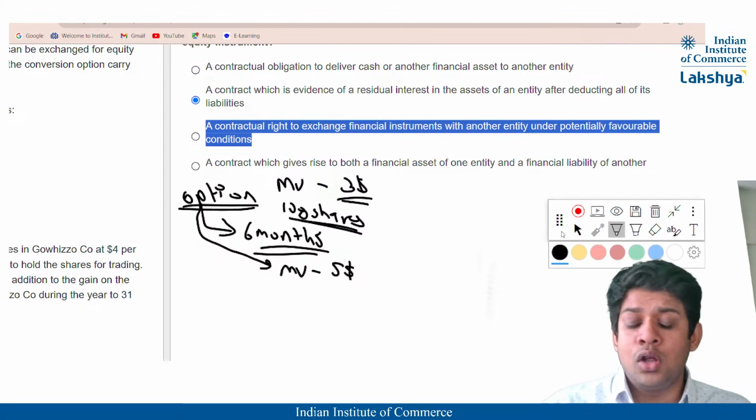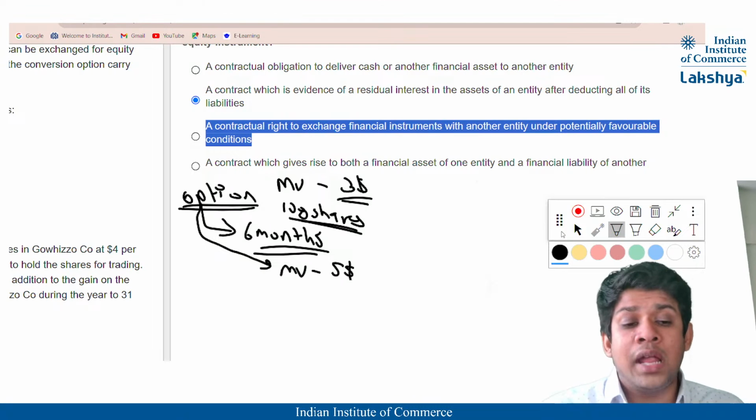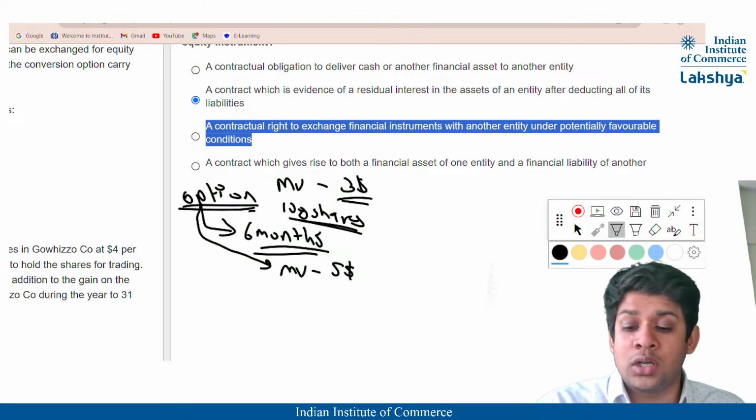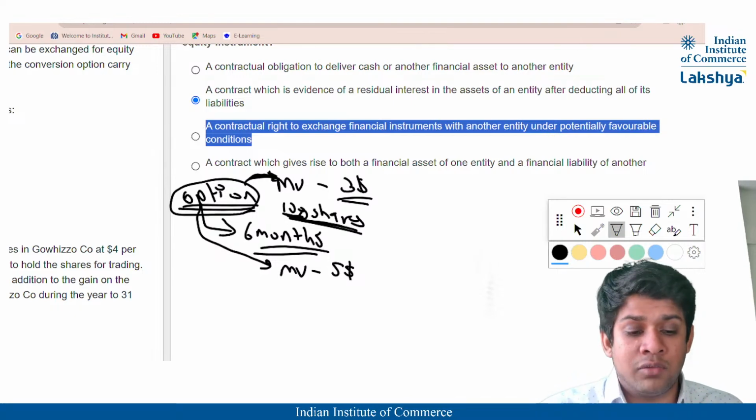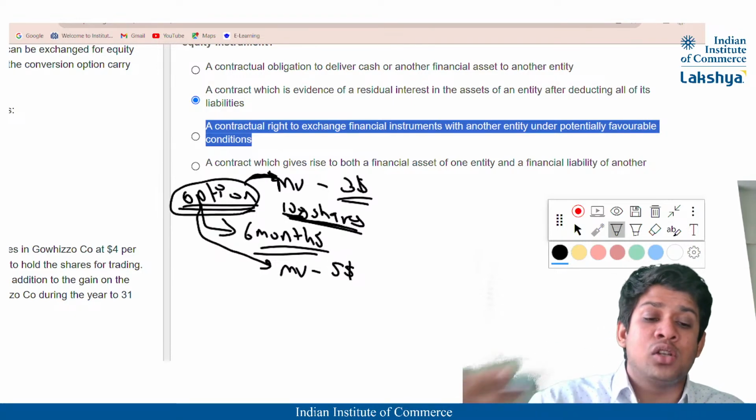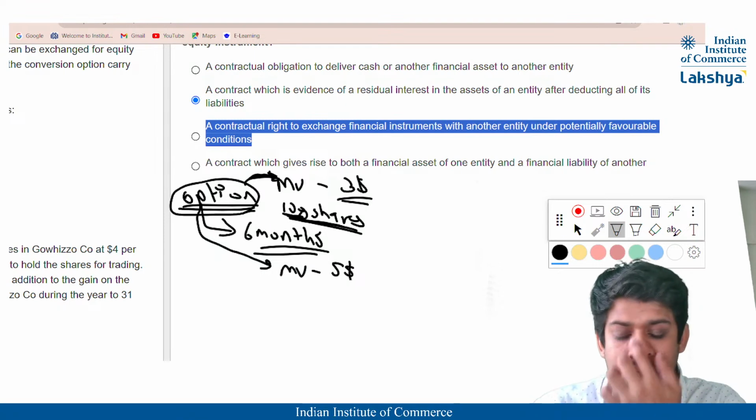So in such a case, what I'm doing today is purchasing an option, which gives me a right to purchase the 100 shares after 6 months, and that is at $3 only, right? So today I have an option with me to purchase the shares on a later date at $3 only.